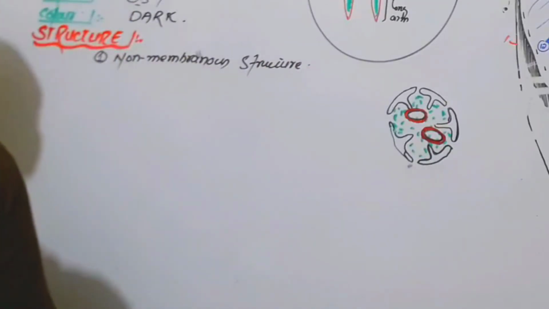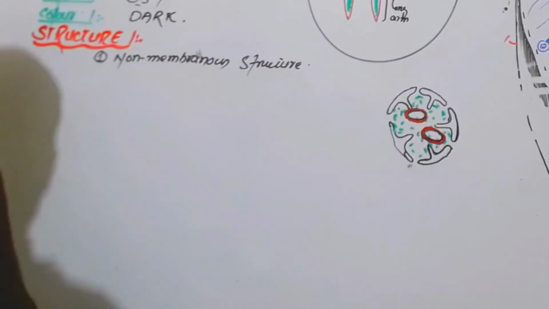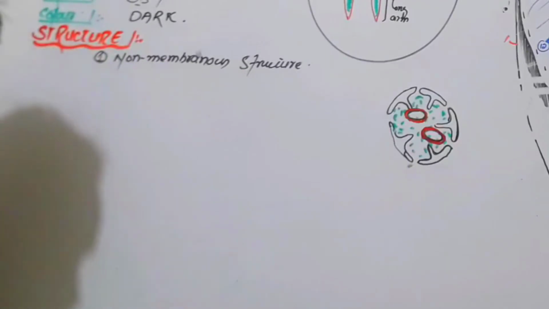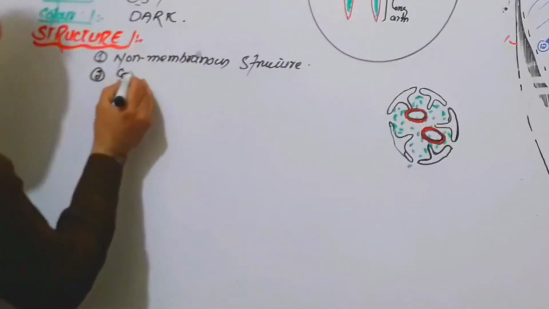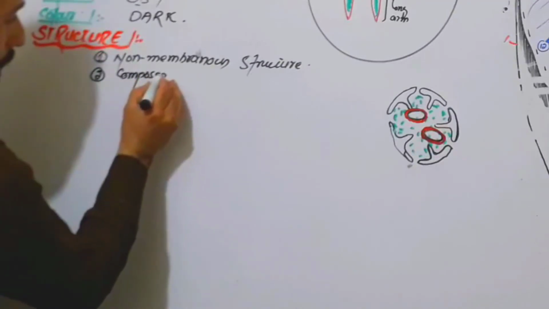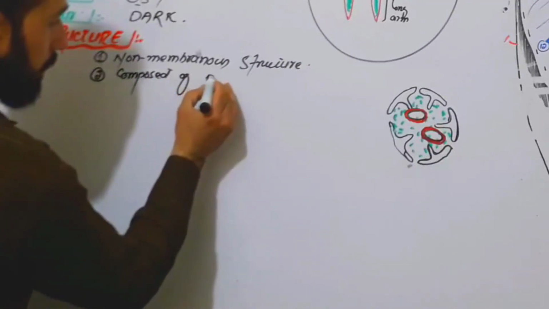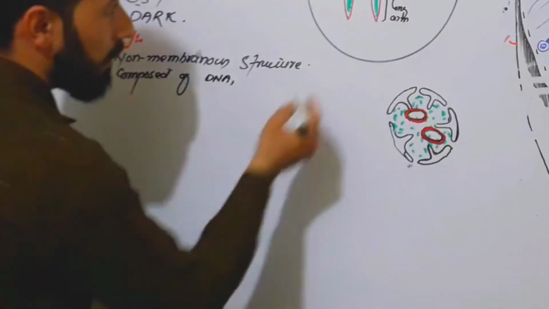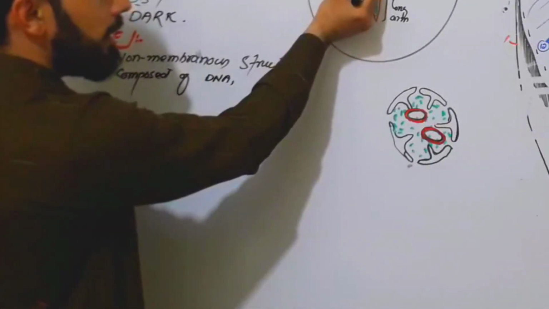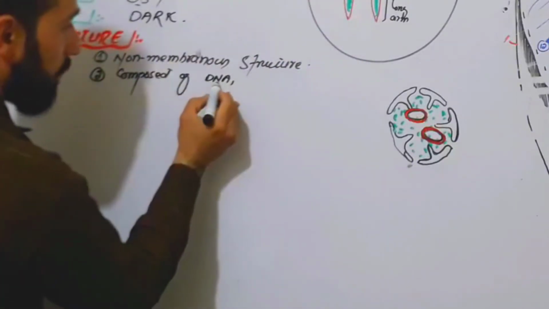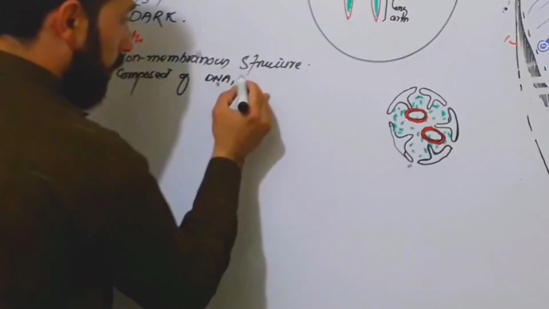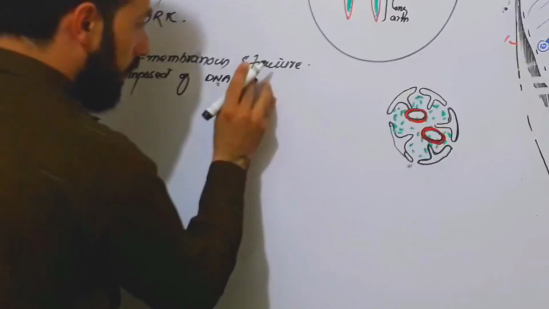Then what else can we say? What is it composed of? It is composed of DNA. You can see here, the DNA was extended and was making the nucleolus. It is made up of ribosomal DNA, right?